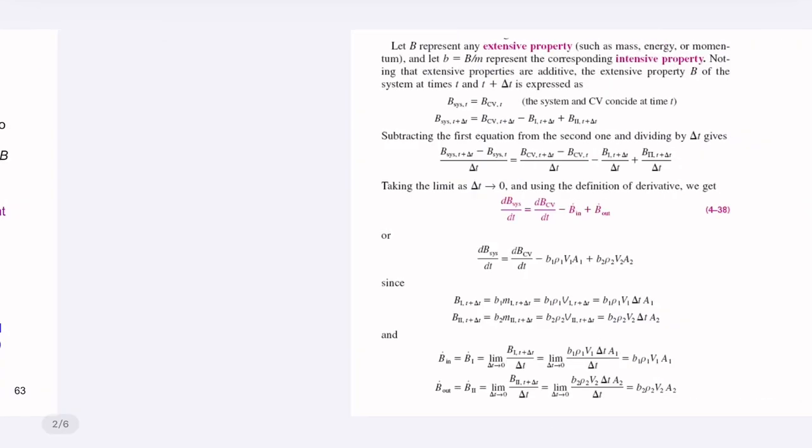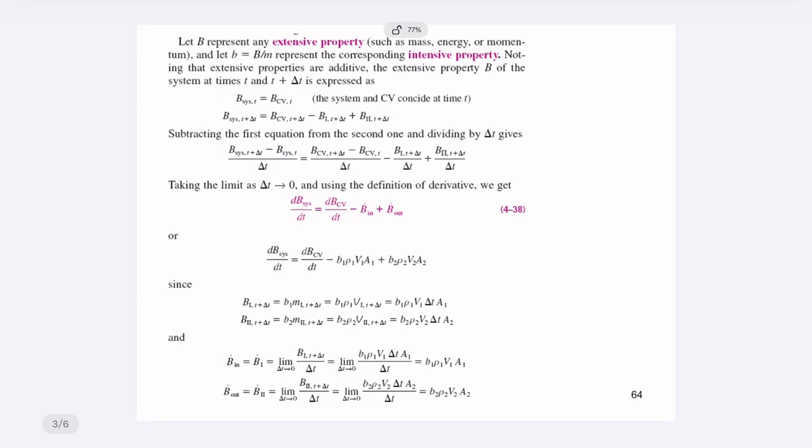Then from this formula, we can subtract the first equation from the second, so we can get this formula. After that, taking the limit as change of t goes to 0, after we derive, we get this formula. Or we can also get this formula.